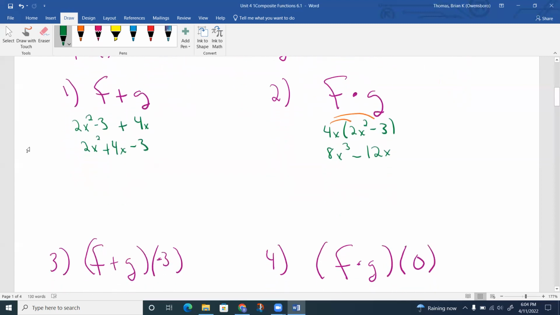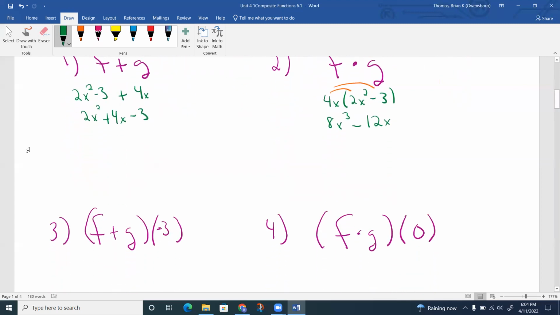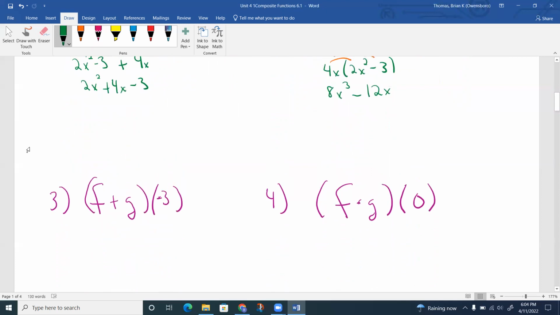And if you recall, we also evaluated f plus g when x equals negative 3. This represents f plus g of x. Now they're giving you a value of x to substitute into the function. Our function was 2x squared plus 4x minus 3.